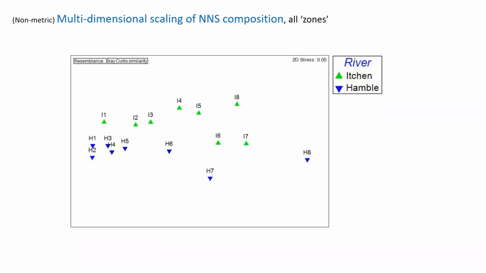So how are we to analyze these data? What data we have is for 24 species. We have whether they were recorded as present or absent in each of 16 zones, 8 zones per river. So that's a very big body of information if you think about it.